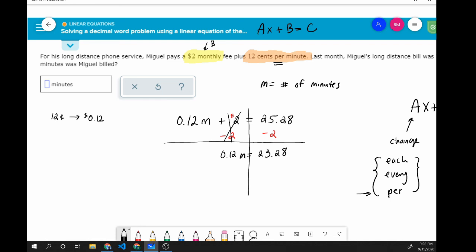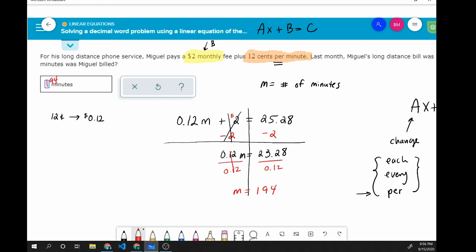I'm going to divide this next, dividing both sides by 0.12. With my calculator off screen, I'm going to do 23.28 divided by 0.12. I'm going to get M is equal to 194.